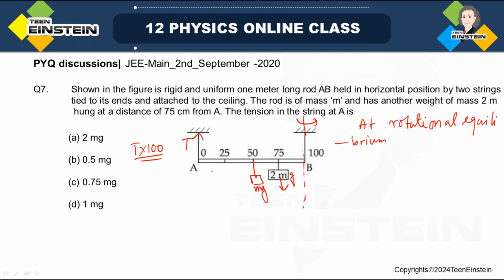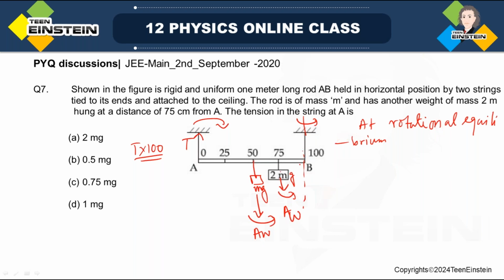This is the moment at this position, and it has a tendency to rotate clockwise. The other ones have a tendency to rotate in this direction, so they give anti-clockwise moment.